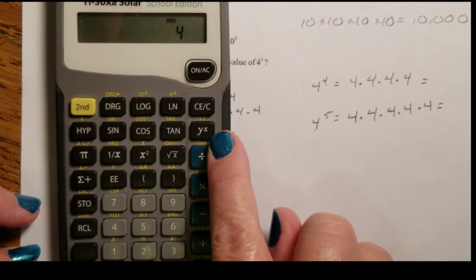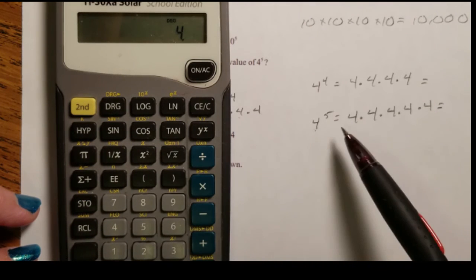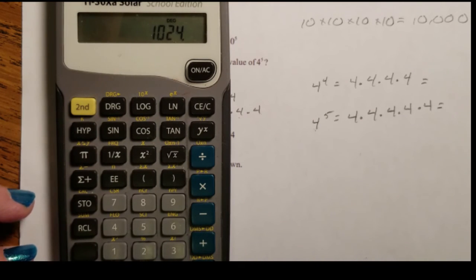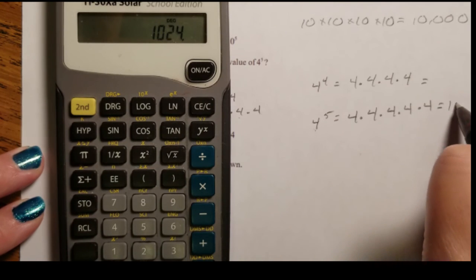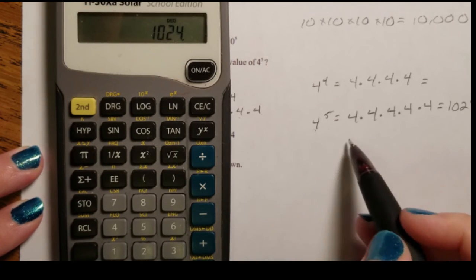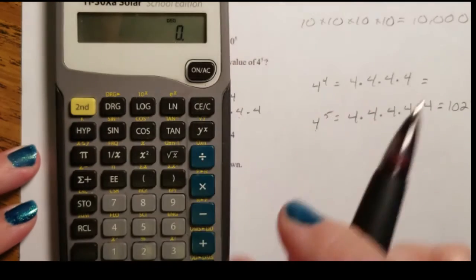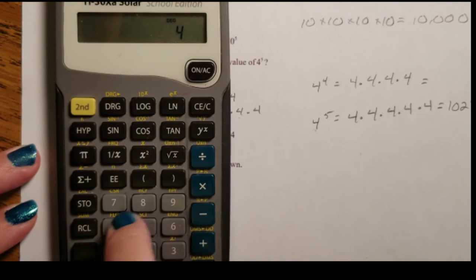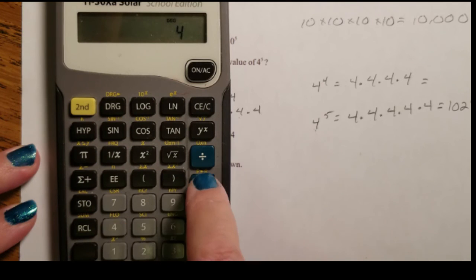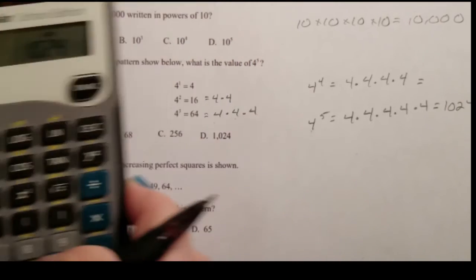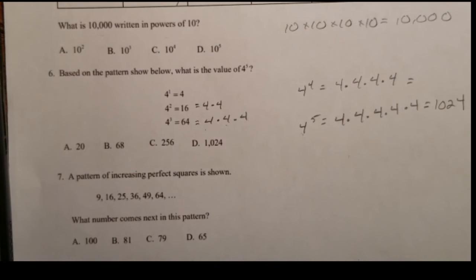Then we use y to the x, and then we have 5 as our exponent, so we enter 5. We press the enter key, and that's going to give us 1,024. You could also multiply it out to confirm. 4 times 4 times 4 times 4 times 4 gives you 1,024. So your answer is D.